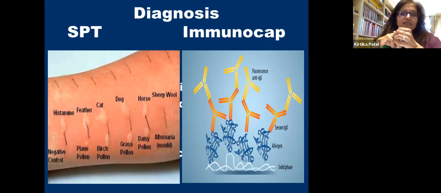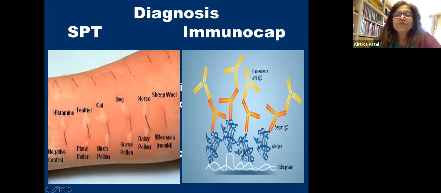There are a few allergists coming up in Nairobi, but in this part of the country, I do the skin prick test, where we prick the patient with known allergens, and if they are positive, there's a formation of a wheal like this. So this patient is allergic to a lot of animals and pollens.